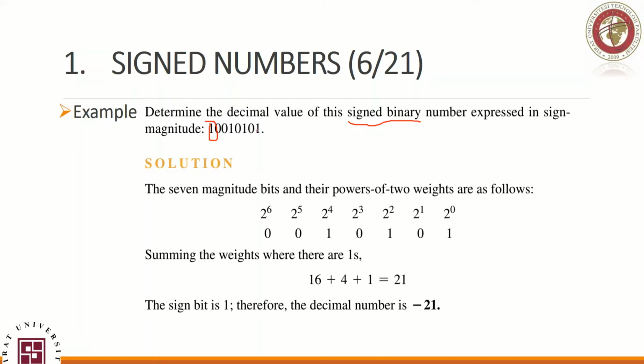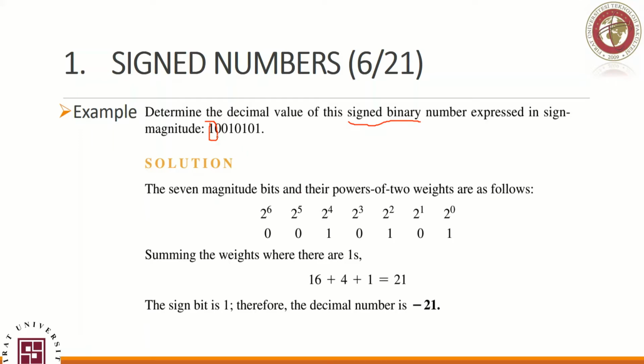Sorry, I got a bit confused. This is 2 to 6, 2 to 5, 2 to 4, 2 to 3. There is no 2 to 2. Oh, I think I made a mistake. I missed one in the calculation.